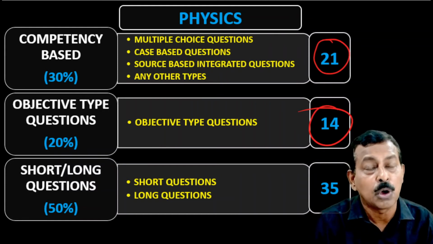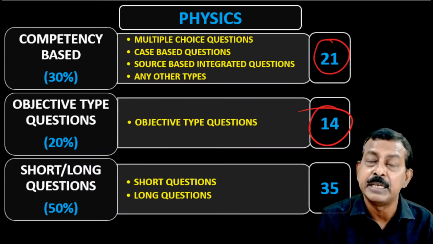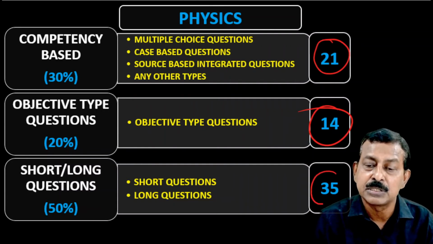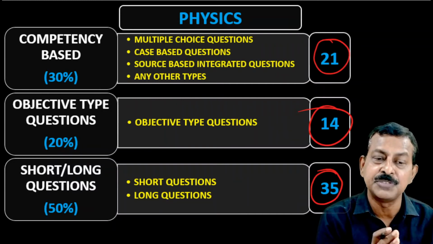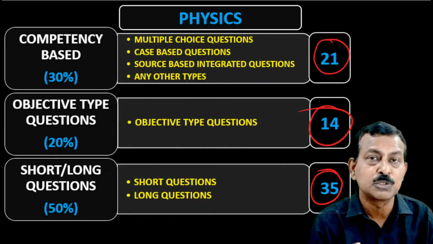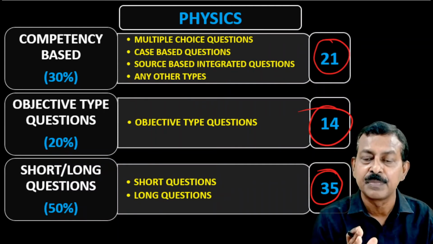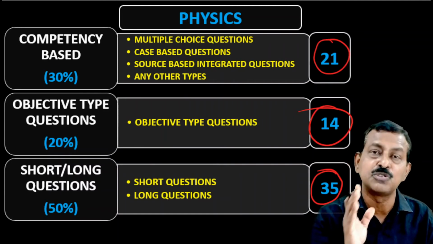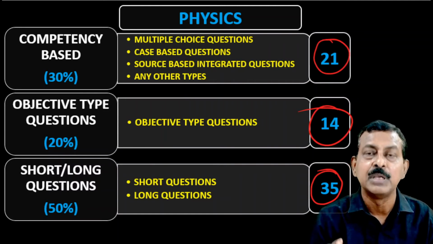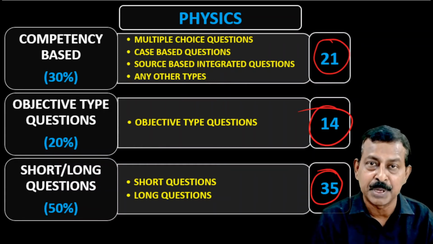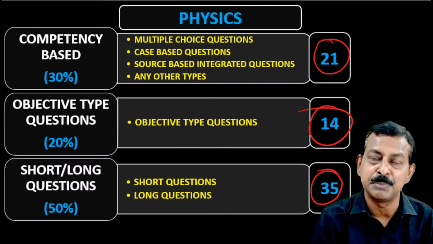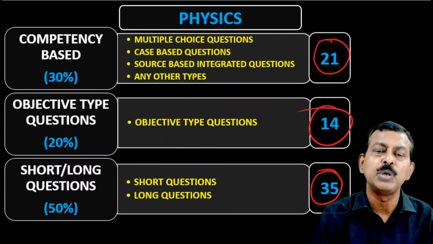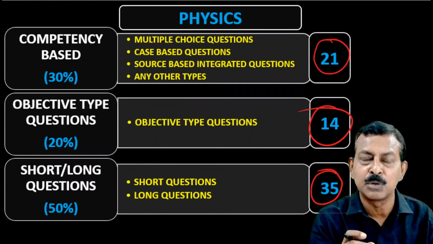Whereas short answer or long answer type questions are 50% now, so it is 35 marks. So 21 marks of questions will be competency based, 14 marks of questions will be objective type, and 35 marks of questions will be short answer or long answer type. So this will be the composition of the question paper for the batch 2022-23 for the physics paper. For other subjects also, it will be this particular pattern only.